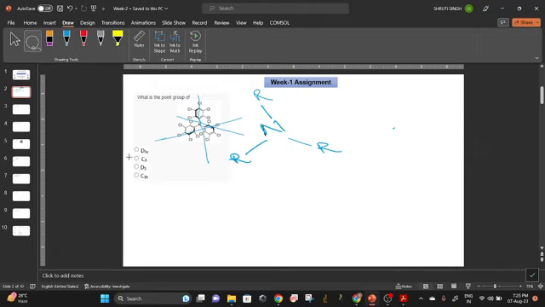We can think of it as D3 as of now. Then I'll clarify it in the discussion forum or maybe next week. So let's keep it D3 till now.